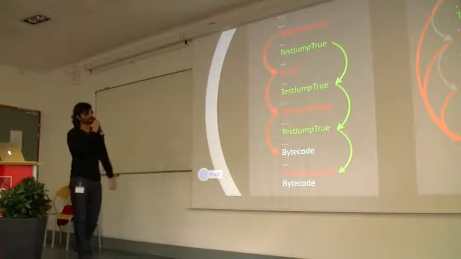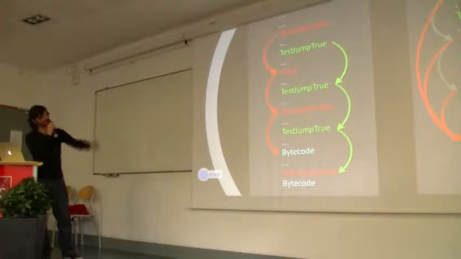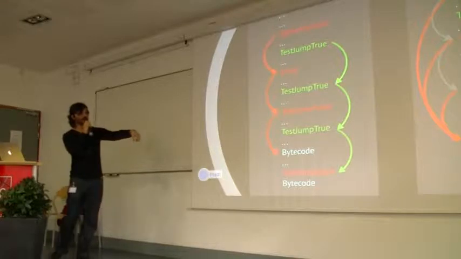But in the chain on the right, we have, for instance, a combination of conditional jumps of two different kinds.